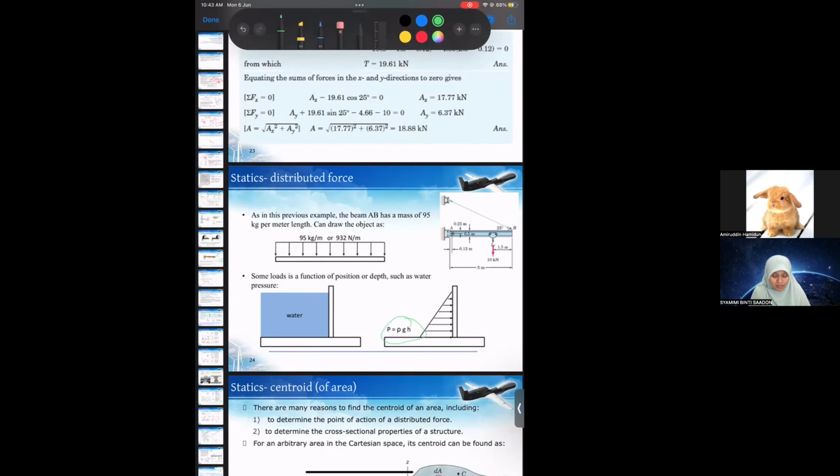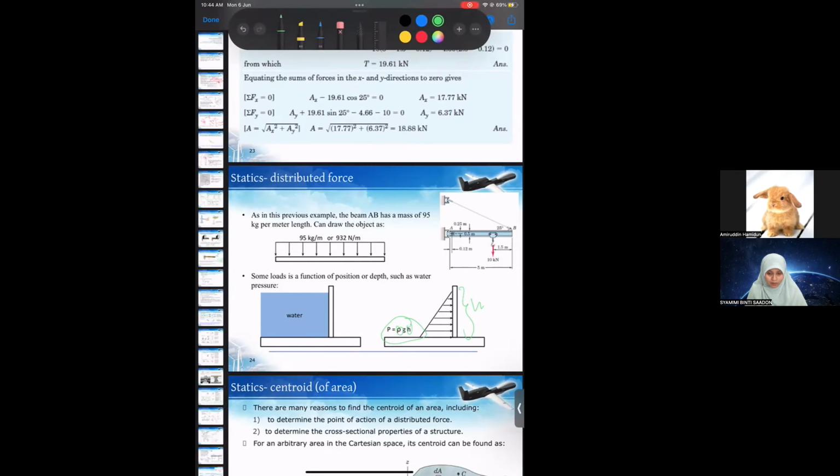The force is due to the water pressure, so we take into consideration the depth, rho, g, h: the height h, the gravitational acceleration, and the density of the fluid, which here is water. So some loads are a function of position or depth, such as water pressure.